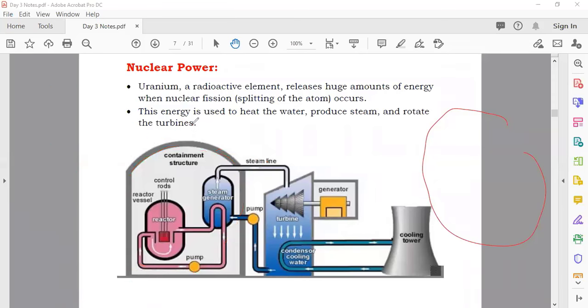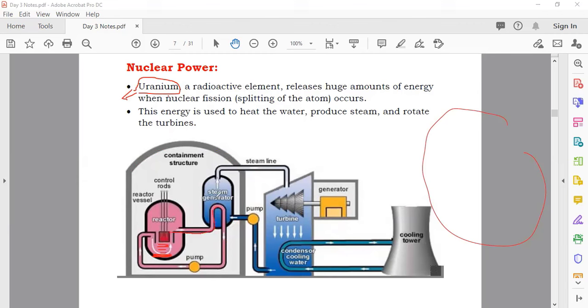In a nuclear power station, you have uranium, and that uranium will break down. In radioactivity in physics, you will study how nuclear fission happens. But right now you can see here that only uranium is used, and due to nuclear fission the heat is produced, and that heat is used to heat the water, which then converts into steam.